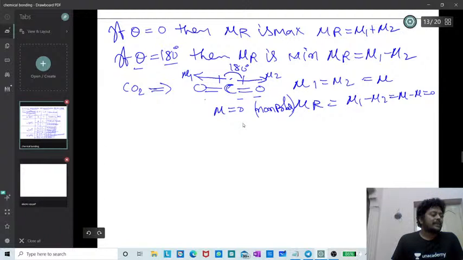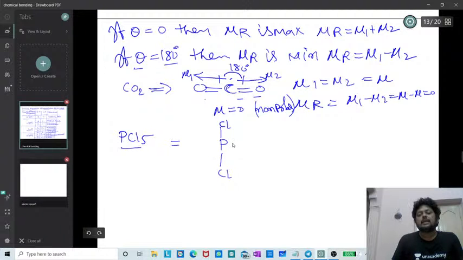Next, for example, if we take PCl5, is it polar or non-polar? PCl5 has a trigonal bipyramidal shape.